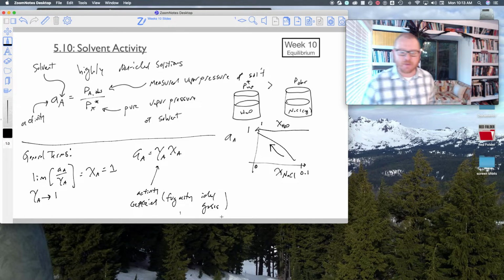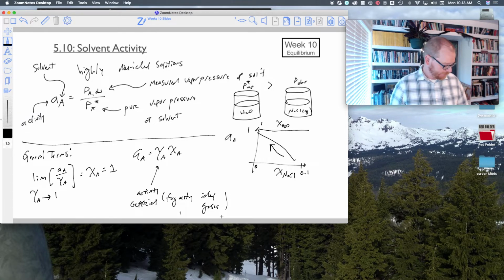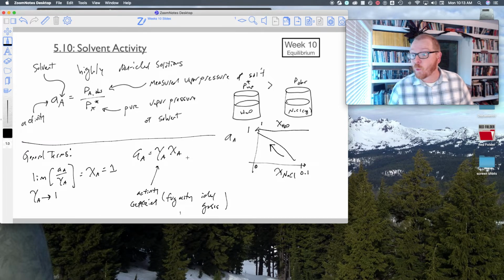If we had more time, I'd spend more time with it, but it's one of these more obscure ideas. Of course, as the activity coefficient approaches 1, the mole fraction will approach 1 as well.